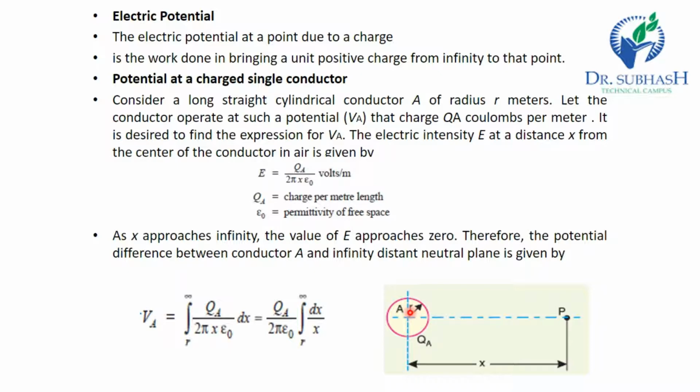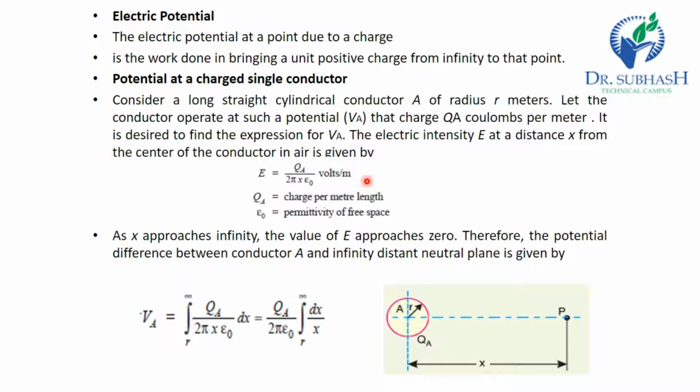Let the conductor operate at such potential Va that the charge is Qa coulomb per meter. It is desired to find the expression for Va and the electric intensity E at a distance x from the center of the conductor. We have seen in the figure that E is equal to Qa by 2 pi epsilon 0 x volt per meter, where Qa is the charge per meter length and epsilon 0 is the permittivity of free space.